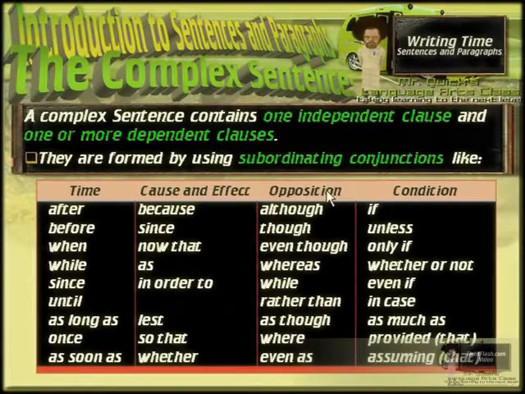You put these words at the beginning of an independent clause, and you turn that clause dependent. In other words, one of these words, when put in front of an independent clause, creates a situation where that clause no longer is independent, meaning that you can't put a full stop at the end and have a simple sentence.